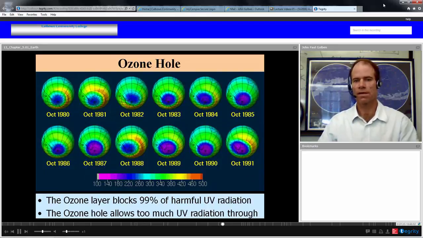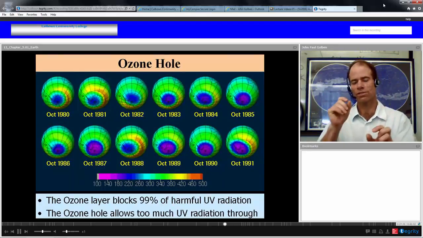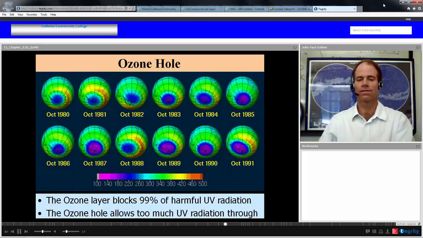Just think about this. You go out and protect yourself with sunscreen, SPF 45, say, to protect yourself from ultraviolet radiation. That radiation that you're protecting yourself from is that 1% that actually makes it through the ozone layer. So, the ozone layer is blocking 99% of that radiation from the sun.